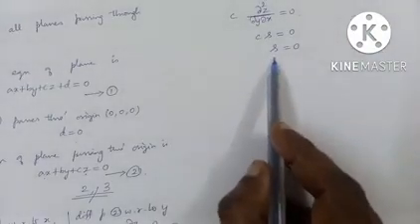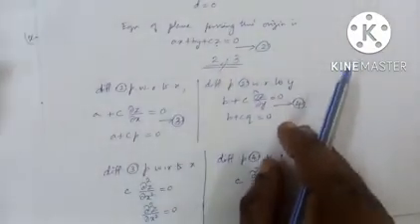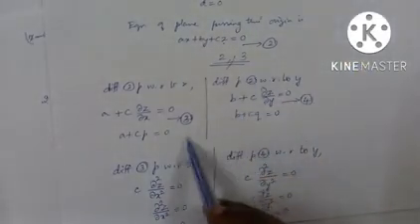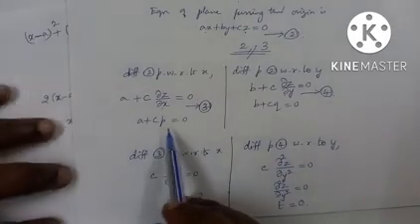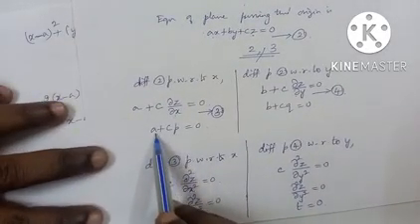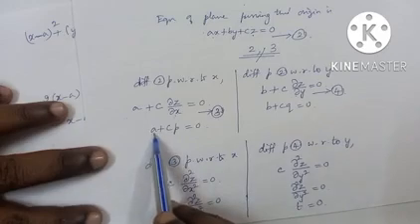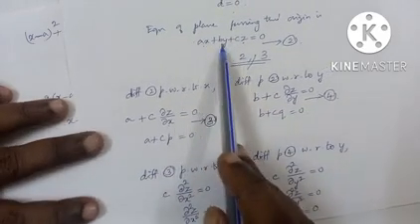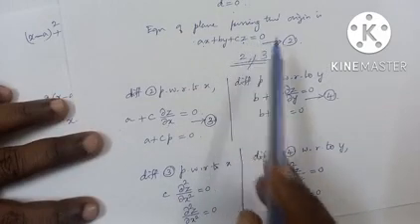Another PDE. So let us see whether we can get any other PDE from the equations. You can see a plus cp equal to 0. Here I have ax plus by plus cz equal to 0.